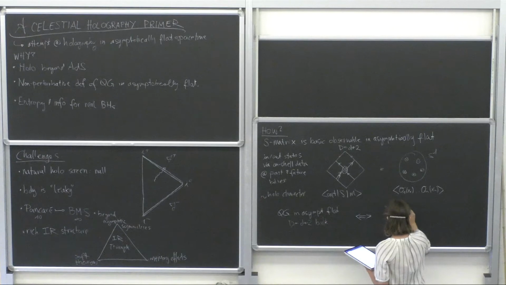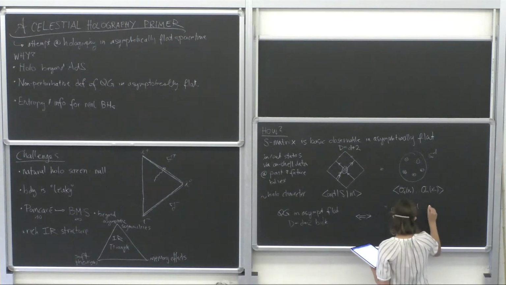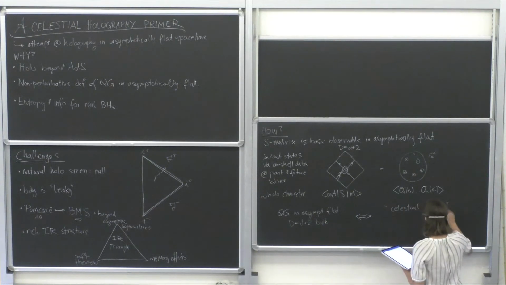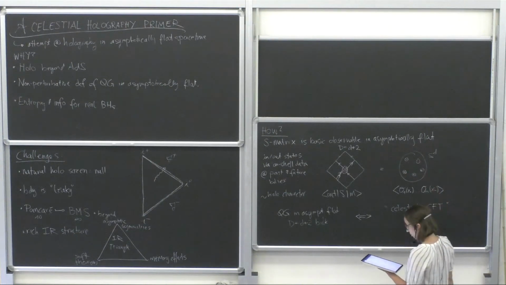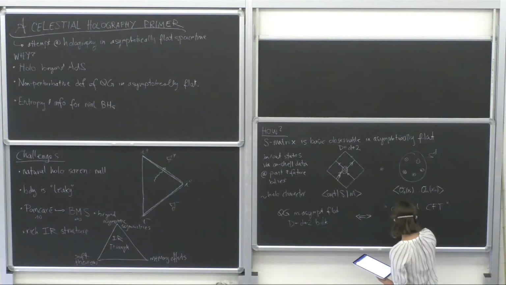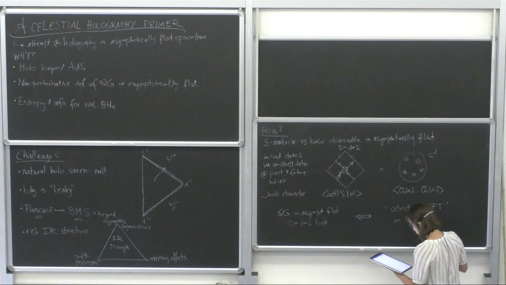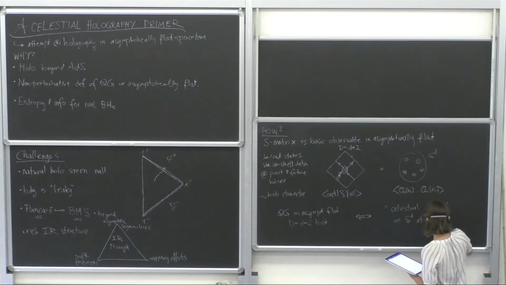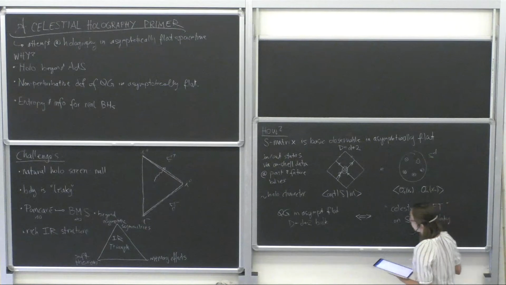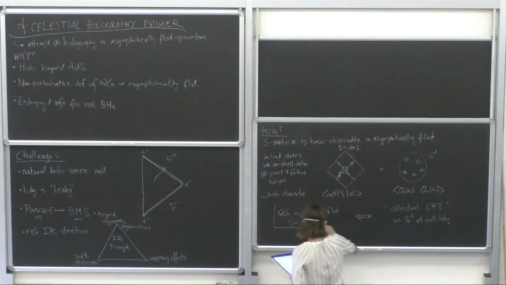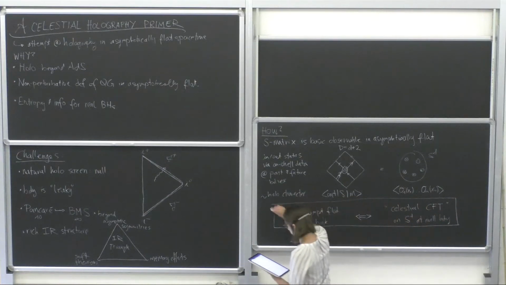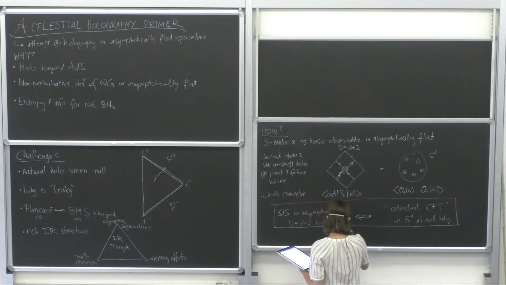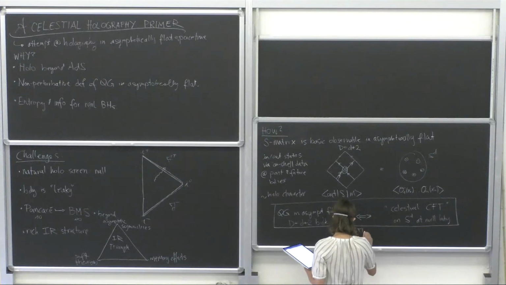And this theory I will refer to as celestial conformal field theory, in the hope that perhaps similar to AdS/CFT, we'll find some CFT living on the boundary of asymptotically flat space. And this will be living on this sphere at the null boundary. So this is the proposal. And this proposal goes under the name of celestial holography.